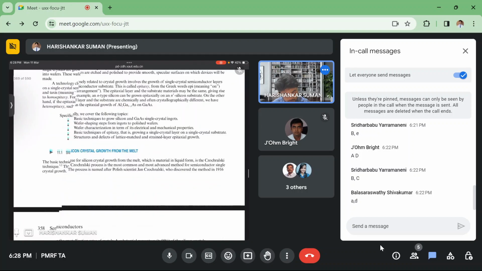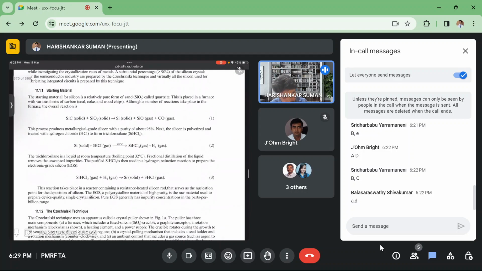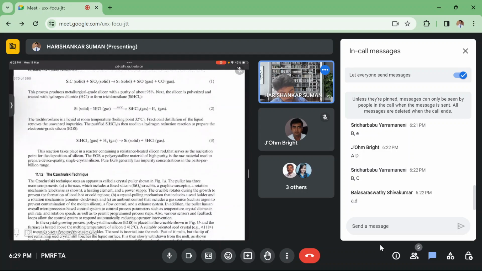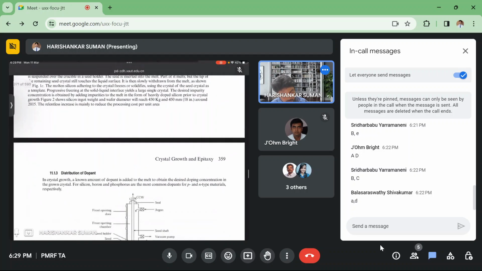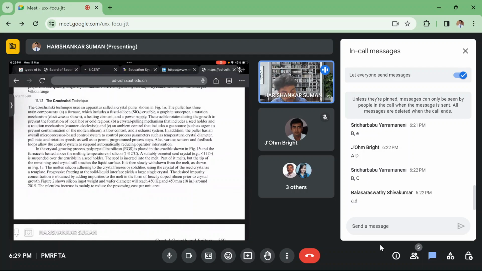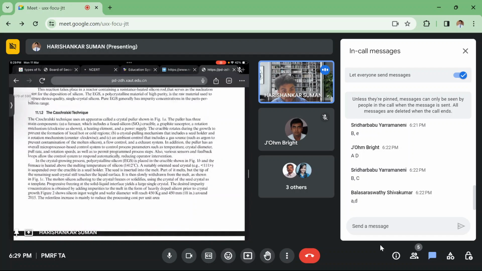Yes, please. This chapter covers the starting material for silicon, and the Czochralski technique also for obtaining the silicon. This step, please look carefully. Silicon grade and other things.